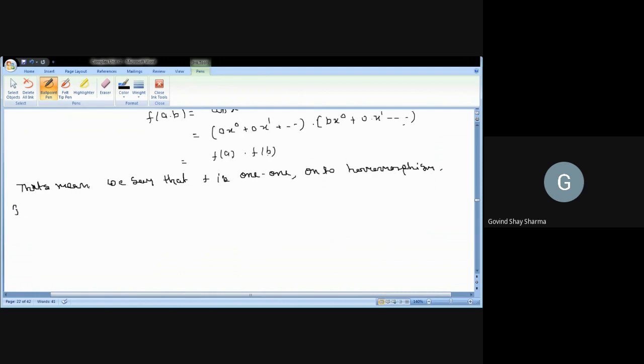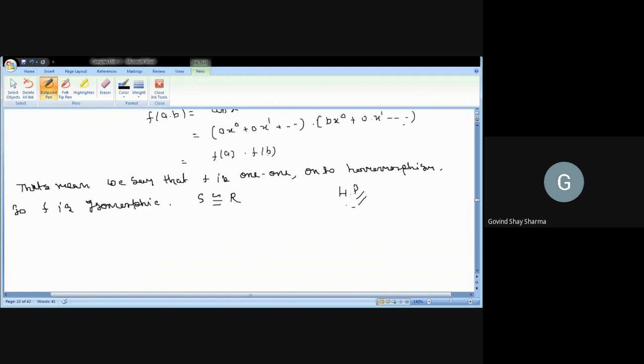So f is isomorphic. For isomorphism we will show here that the image of f from S to R is one-one onto homomorphic.